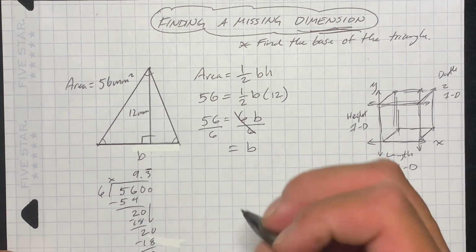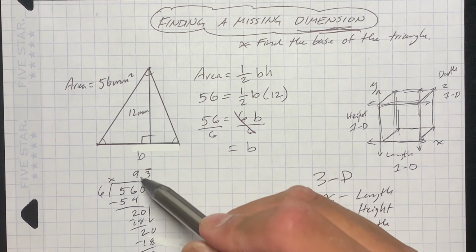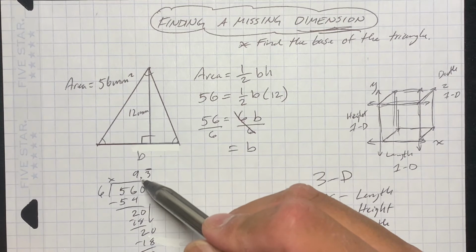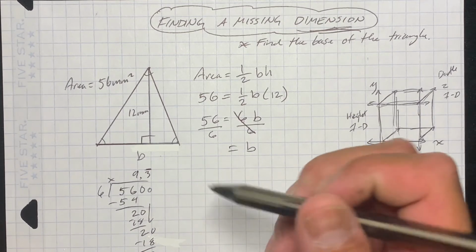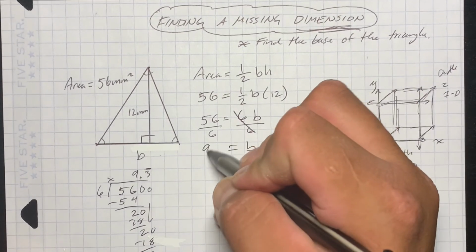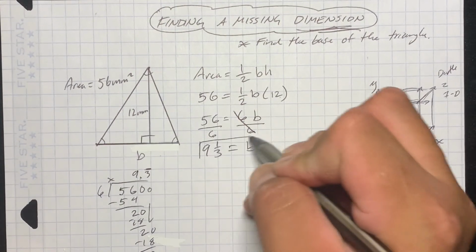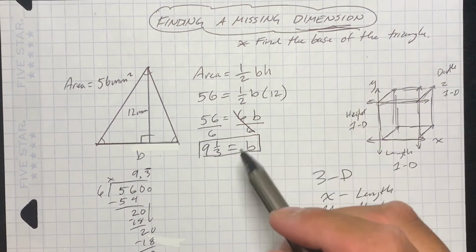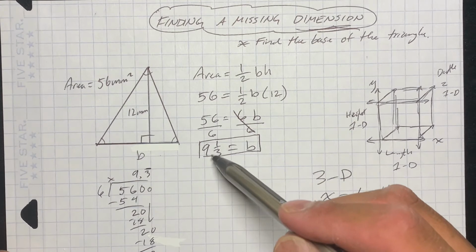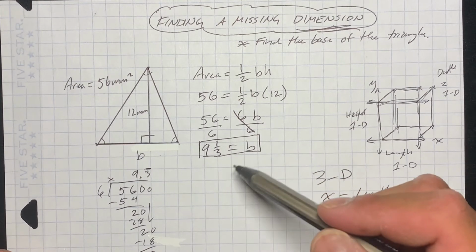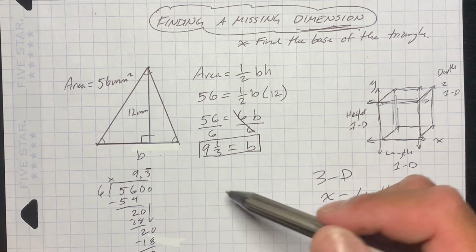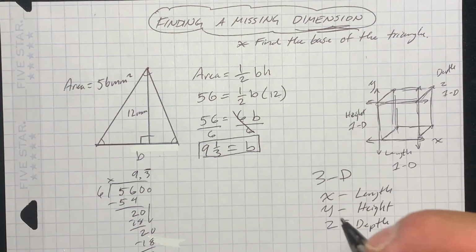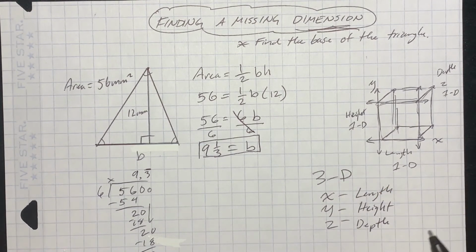Okay, but if I were to go from a decimal point number to a fraction, this would be 9 1/3. That would be the value for B. So this would be 9 1/3 millimeters. Okay, simple as that. But if you want to verify, you can check this.